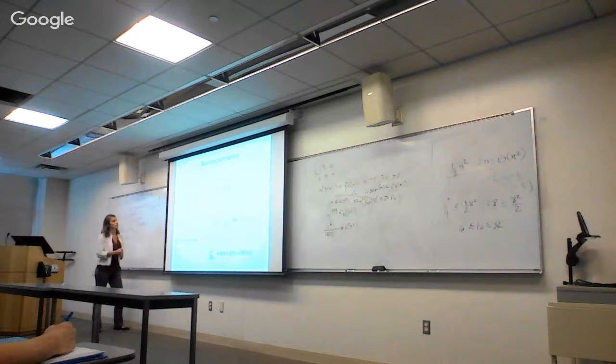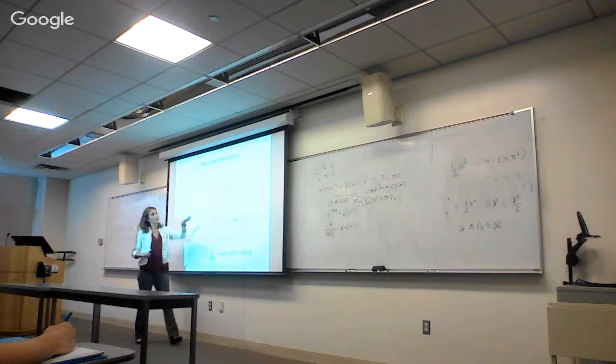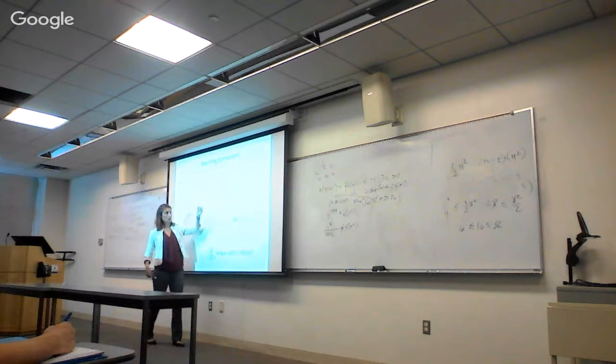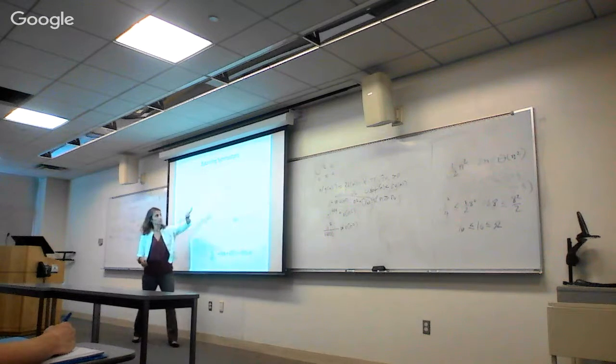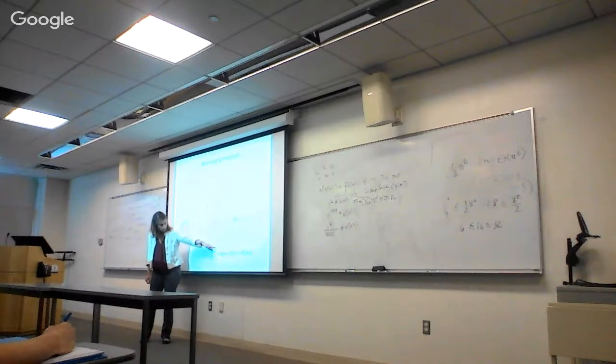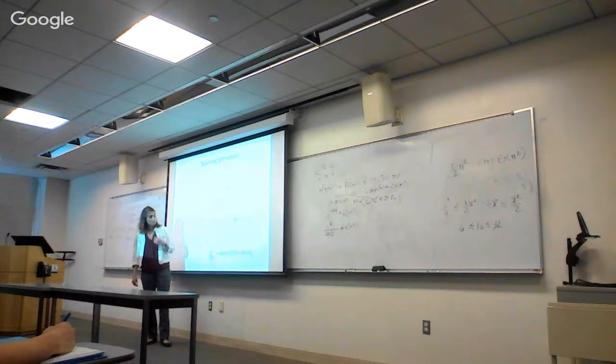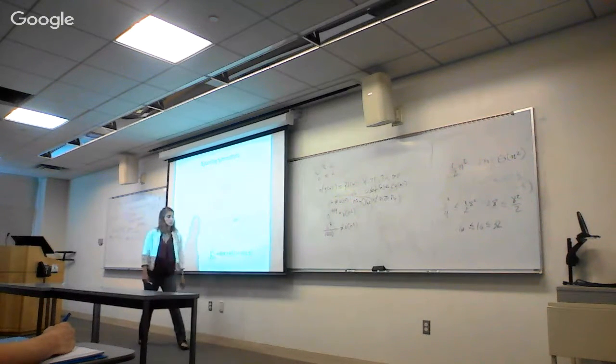So the sum of the first 4 numbers, for example, all I have to do is take 4 times 4 plus 1 and divide by 2. And this happens a lot, like if you're trying to analyze the running time of your algorithm, you might have these sorts of forms. The other thing you might have is the sum of 1 over the first n numbers, and you're going to end up getting log of n plus something that's linear, and so this is big theta of log of n.